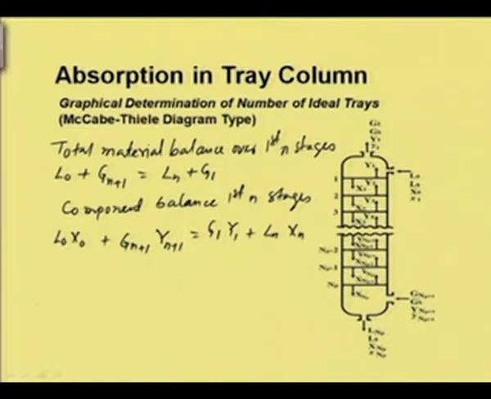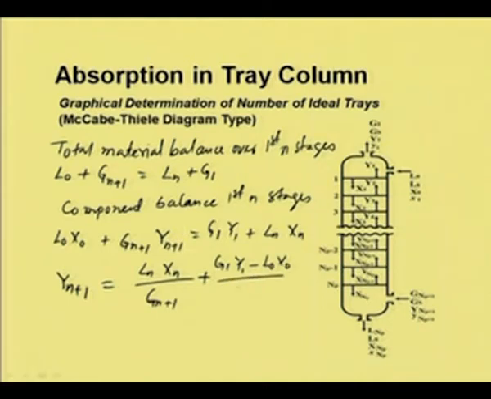Now if we solve for yn plus 1, this would be Ln xn divided by Gn plus 1 plus G1 y1 minus L0 x0 divided by Gn plus 1.